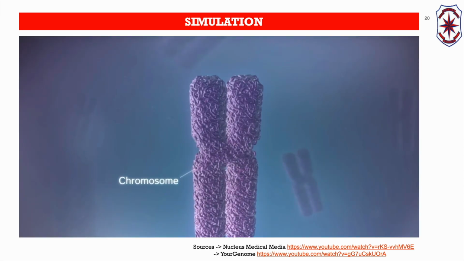Okay, now here we are looking at the structure of a replicated chromosome. Just to remind you, we said that DNA coils around histone proteins to make one chromatid.